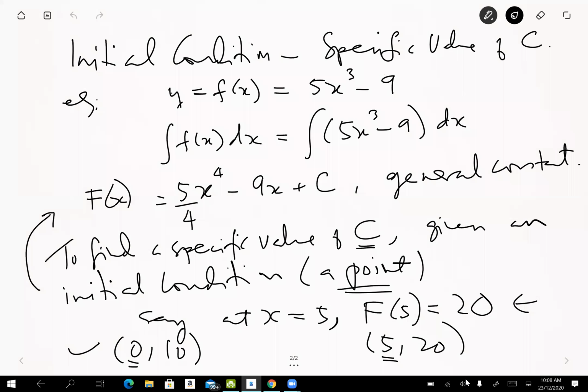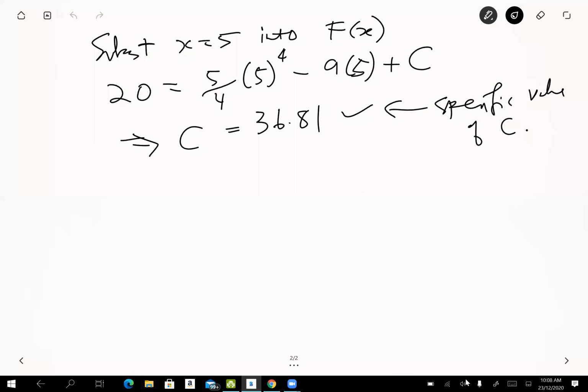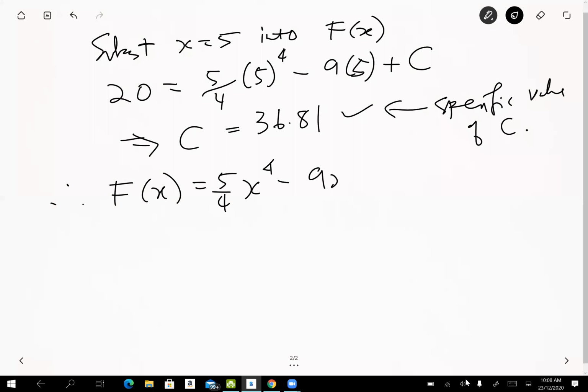And then what we do normally, after you have the specific value of c, our integral now becomes 5 over 4 x to the power 4 minus 9x plus 36.81. So you now have the specific value of c, and you can find F at any x.